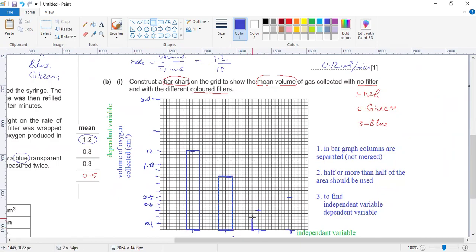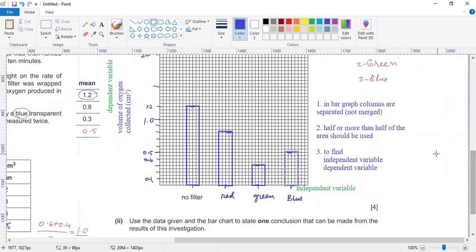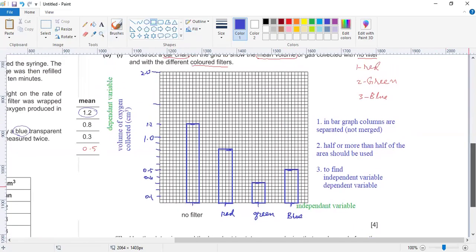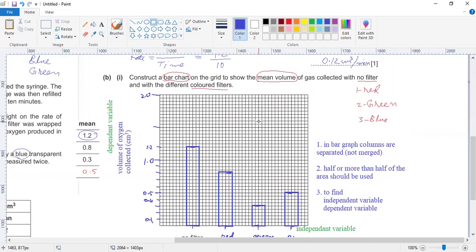This is the third bar, and this is the fourth bar. You can shade them as well, but I'm not going to shade anything to save my time. So this is the bar graph that they asked us to draw in our question, to construct a bar graph.